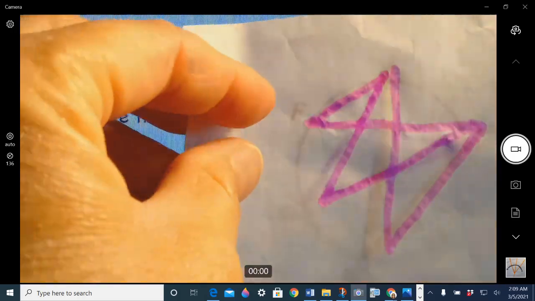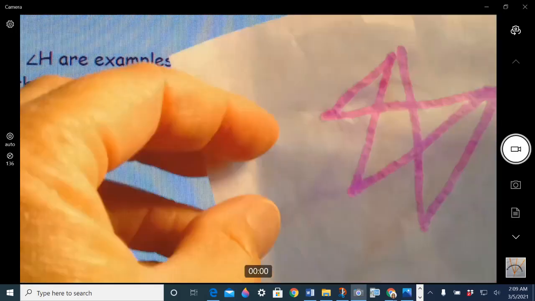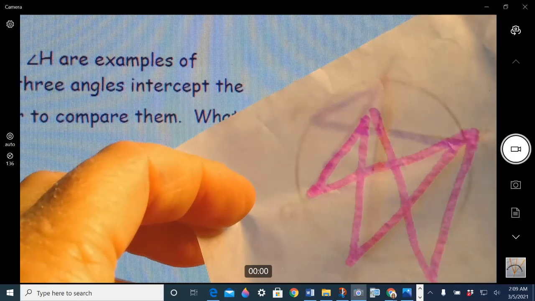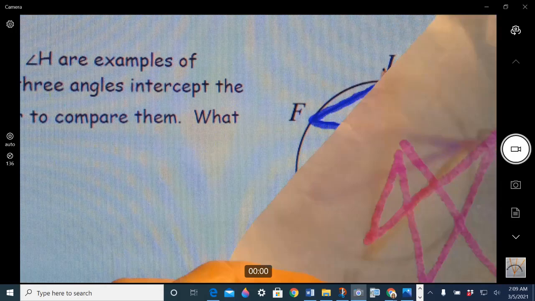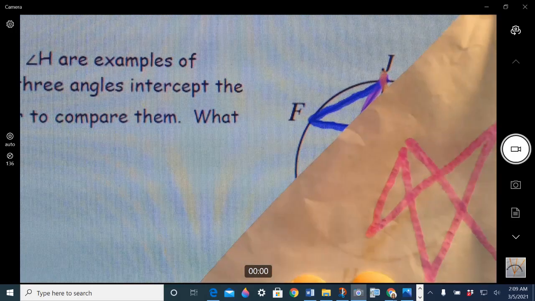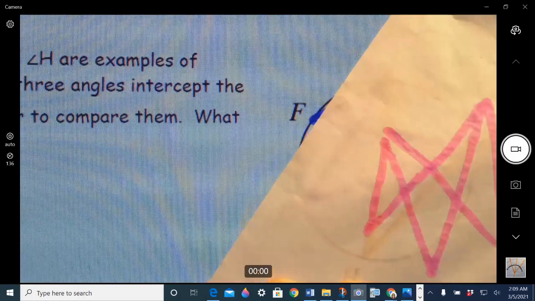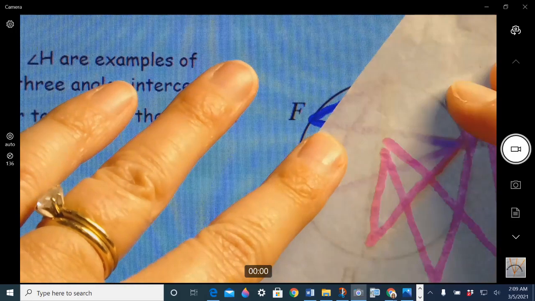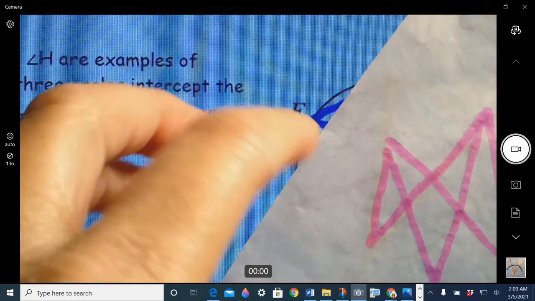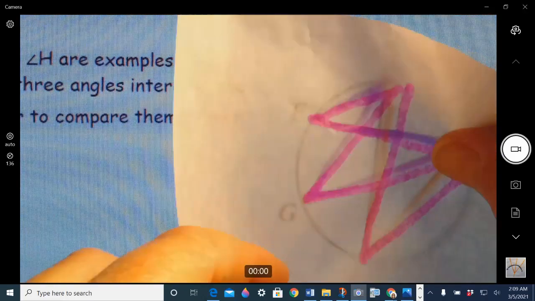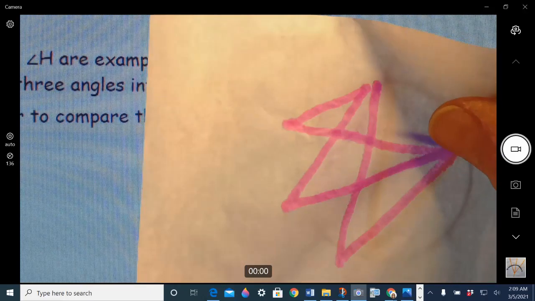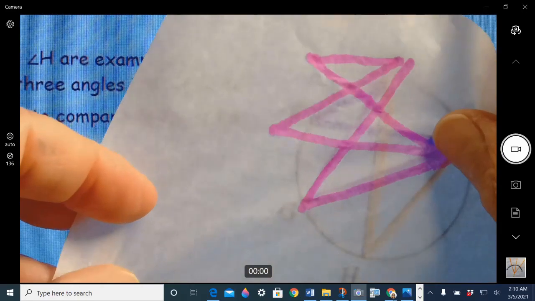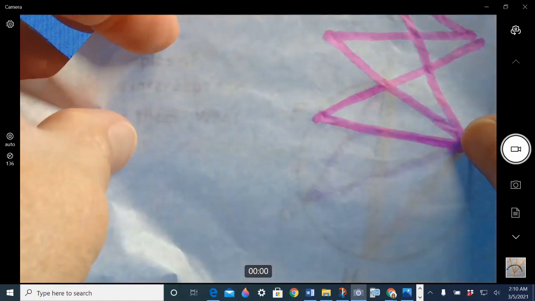Right now I'm taking angle F, and angle F actually fits on angle G here. Maybe I need to shine some light on it so you can see better. And angle F also fits on angle H. Now I'm using H, and H fits on top of G, and it fits on top of F.